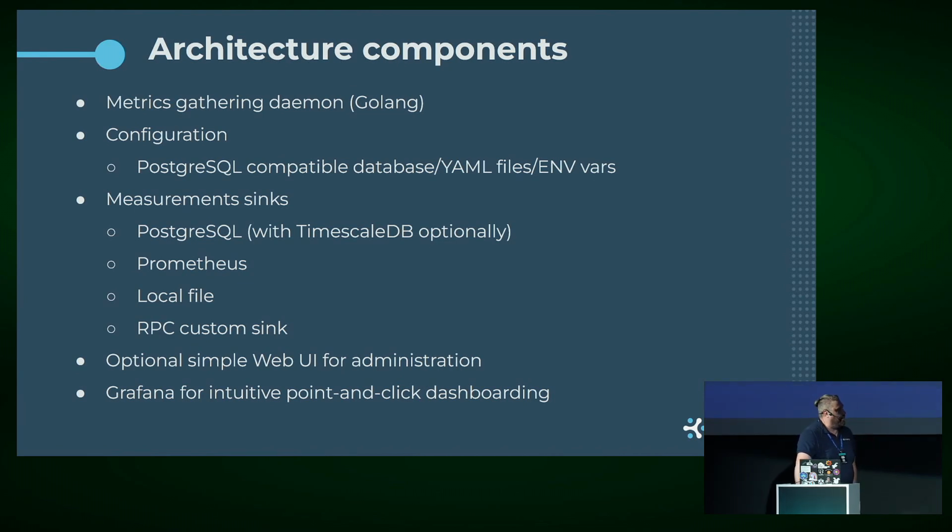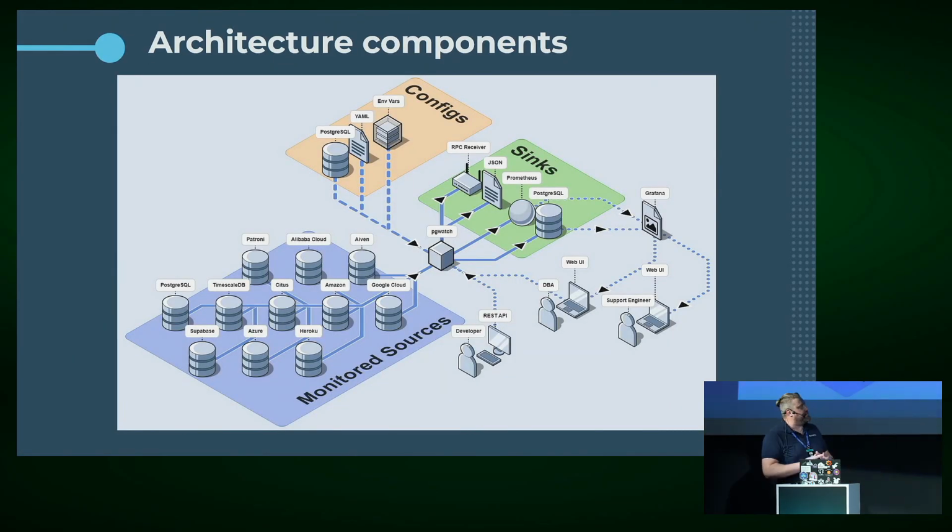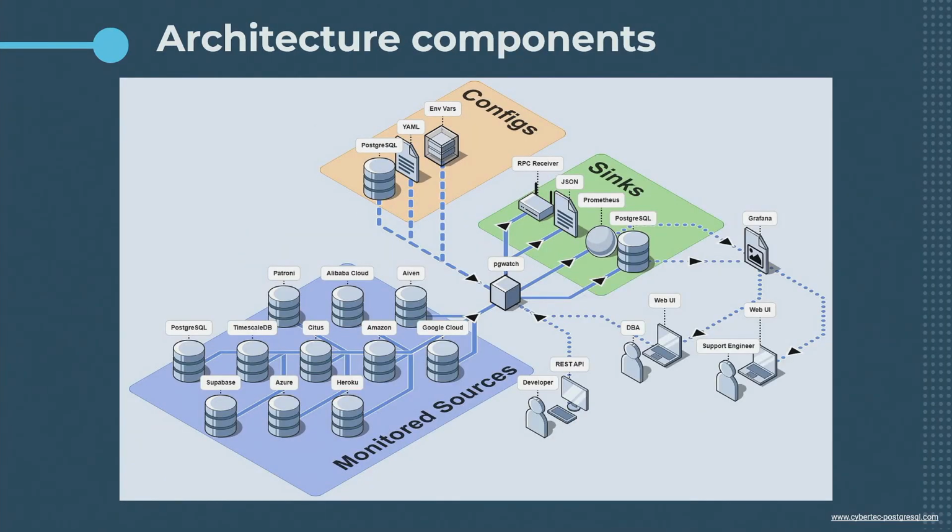Yeah, and we have an optional web UI for administration, and we use Grafana for dashboarding. So this is the architecture. PGWatch is the small cube in the middle of the picture, right? And as you can see, only one instance of PGWatch is designed to handle hundreds of instances, not databases, instances. So you connect them to whatever you have.